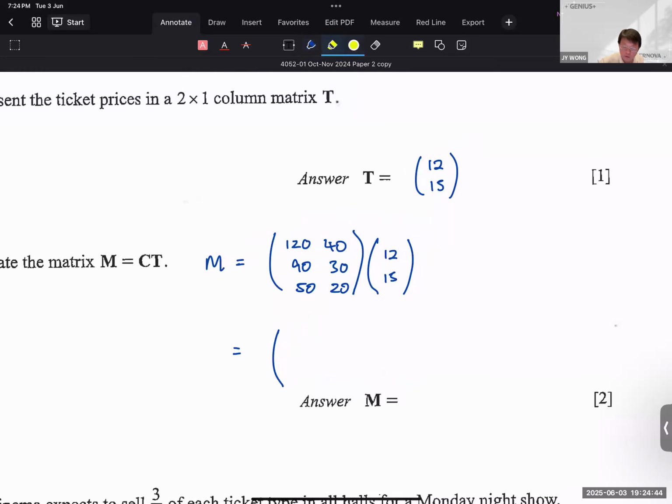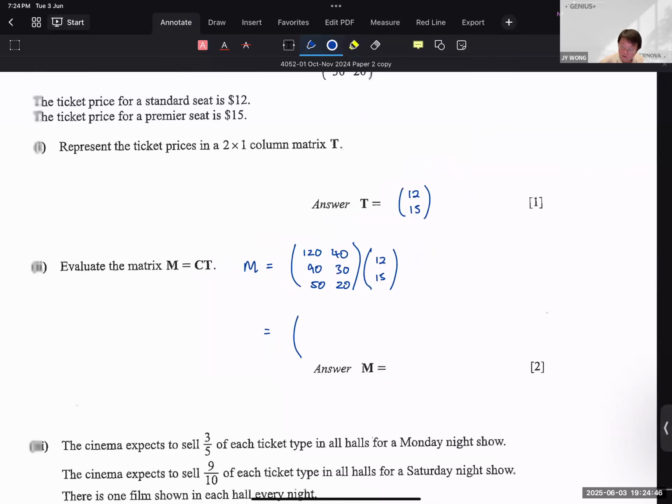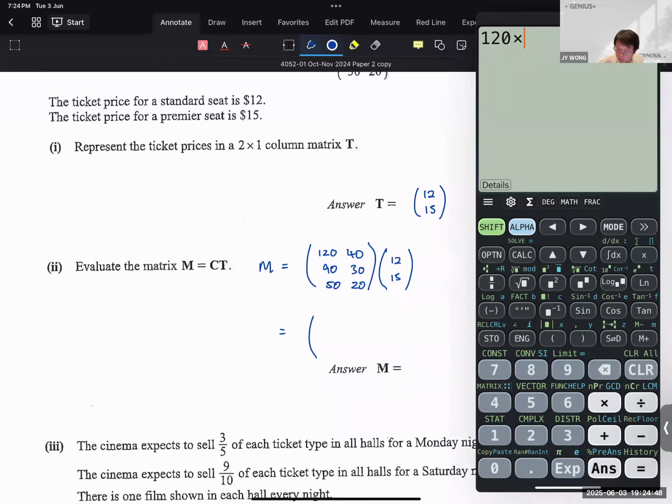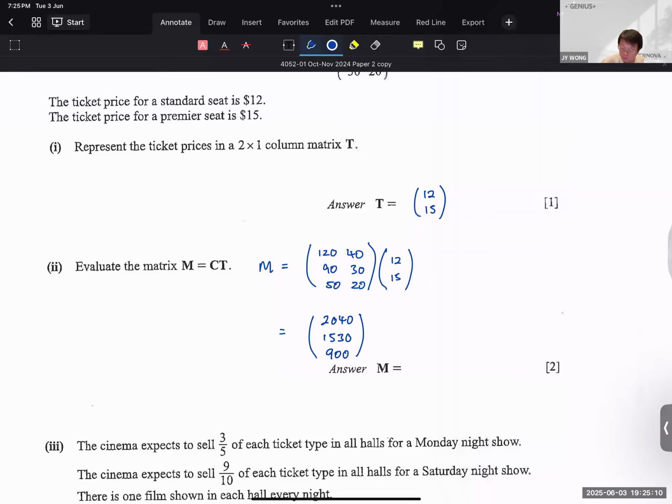So first row times first column. So 120 times 12 plus 40 times 15. So 2040. 90 times 12 plus 30 times 15. 1530. And lastly, 50 times 12 plus 20 times 15. 900. You should get this as your matrix M.